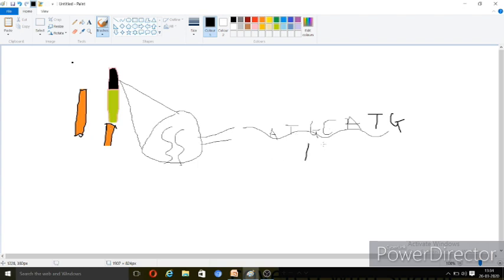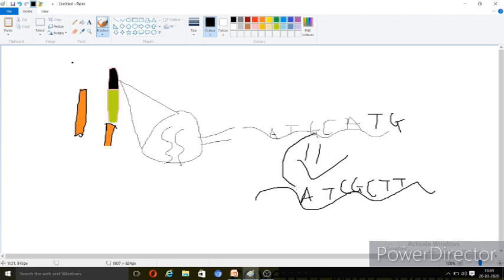Now suppose the sequence changes. Here this is A, then T, and now it should be G, but it became C. So it changes in the DNA sequence, and then this one again becomes G, C, and here again it becomes T, and then T. So there is a change: the third position G changed to C, and A changed to T. This change in the nucleotide sequence of a DNA is also known as a mutation.